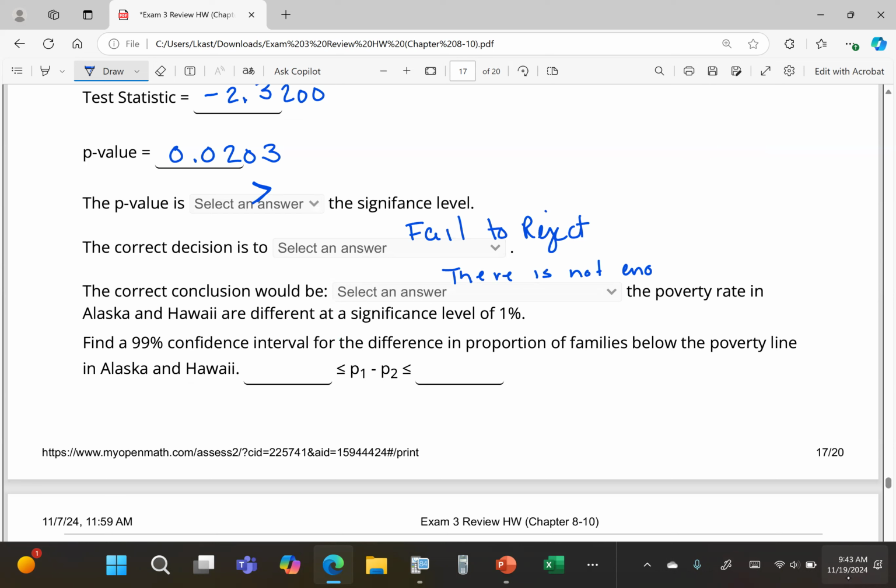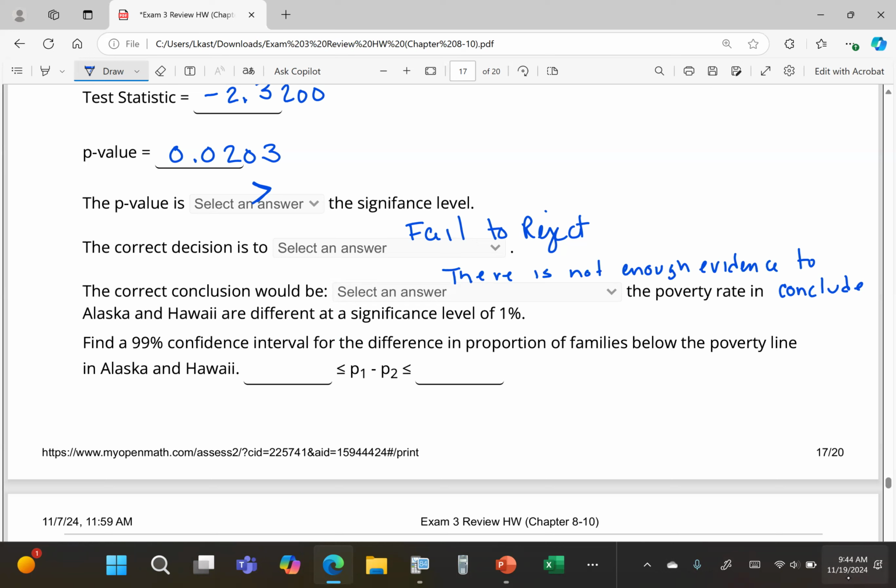So there's not enough evidence to support that they're different. So there's not enough evidence to conclude that Alaska and Hawaii are different at a significance level of 1%.